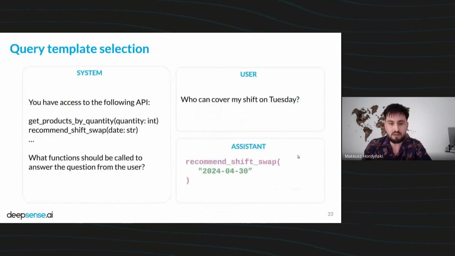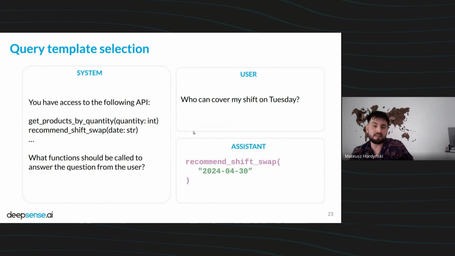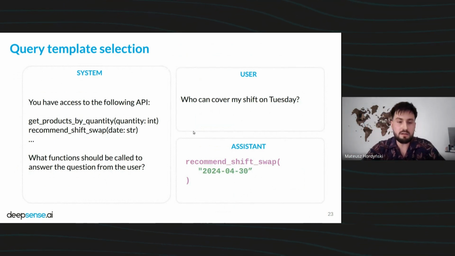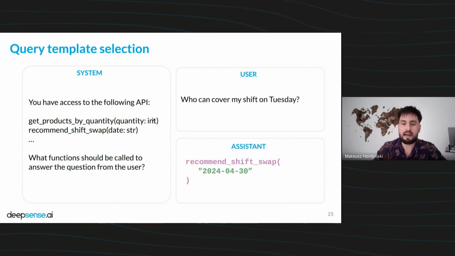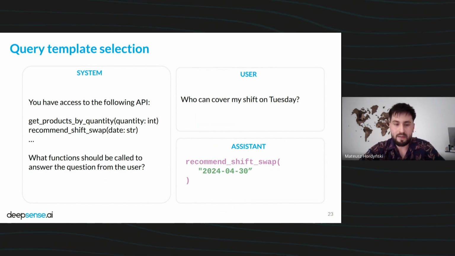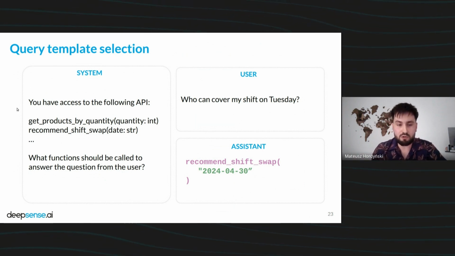How it may work? We have another prompt for the model. So here in the system message, rather than saying that you have access to the database, we say that you have access to the following API. And after that, we specify all the query templates that we have in our system.